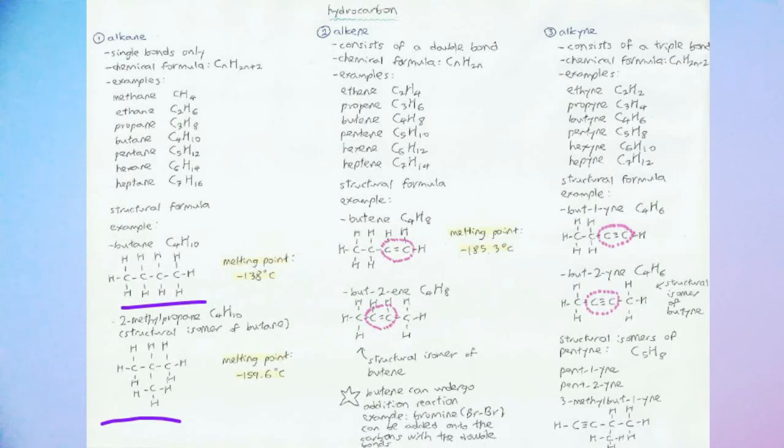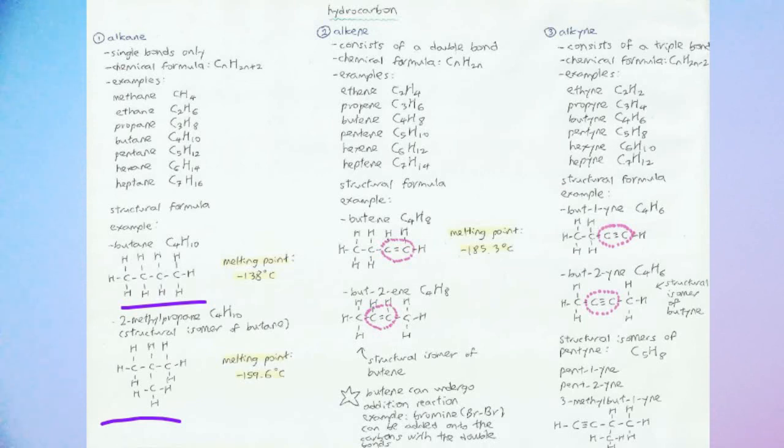And there is a reason why butane will have a greater dispersion force as compared to 2-methylpropane, as you can see here. The melting point of butane is greater than 2-methylpropane because it has greater dispersion forces as compared to 2-methylpropane. So this is the general idea of what an alkane is.